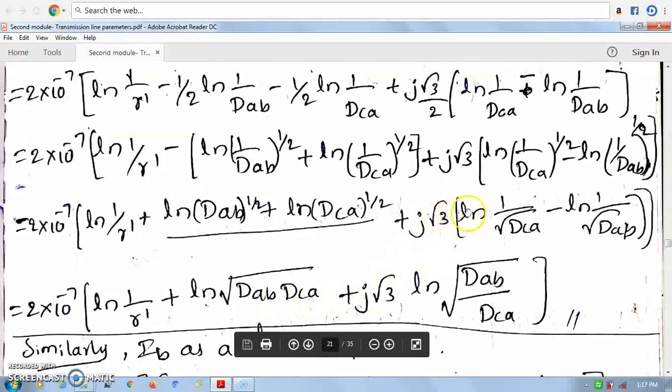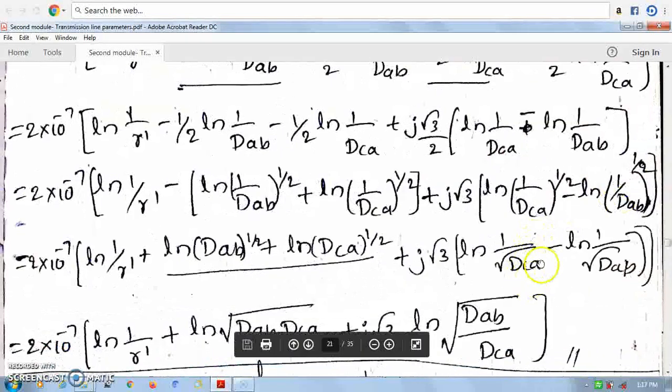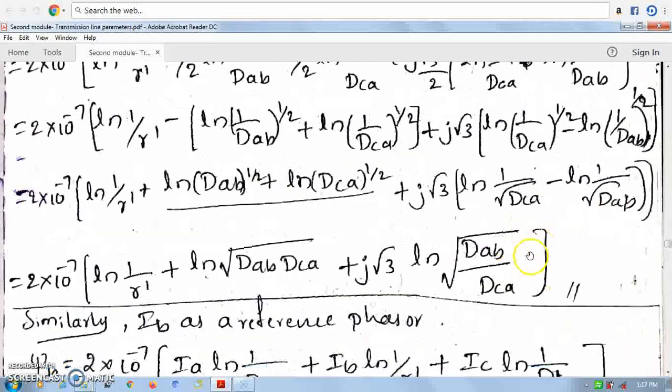Next, plus j root 3 times ln of 1 divided by DCA minus ln of 1 divided by DAB, raised to 1 by 2, taking the root of DCA and the root of DAB. Here, taking the multiplication, plus and minus, ln of DAB divided by DCA. Okay.